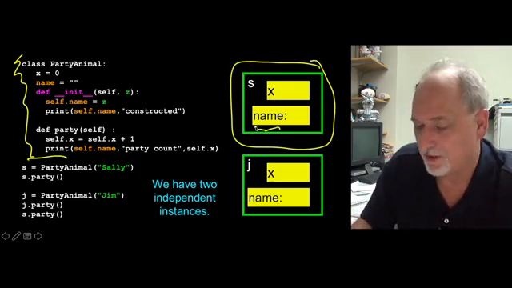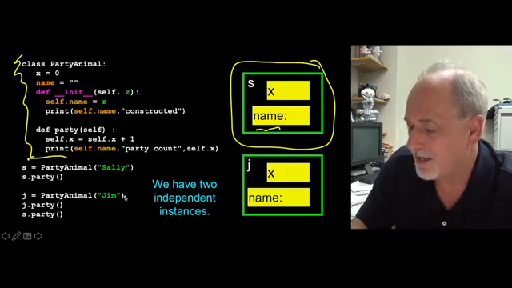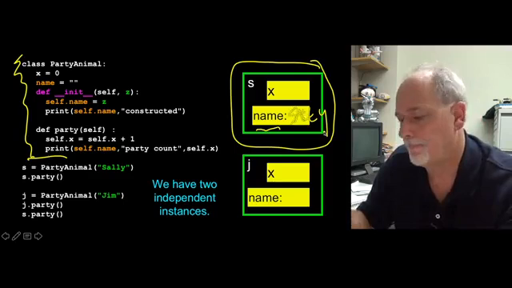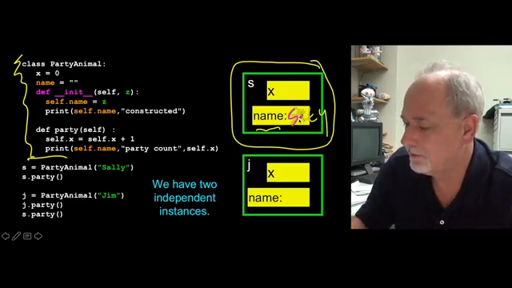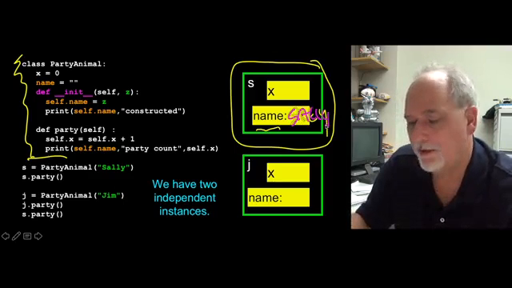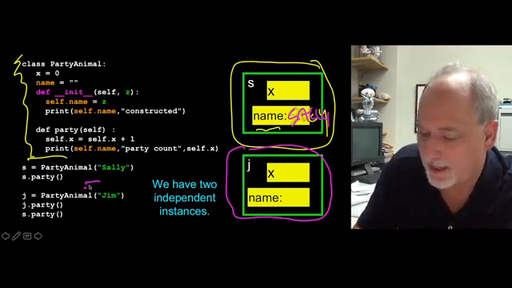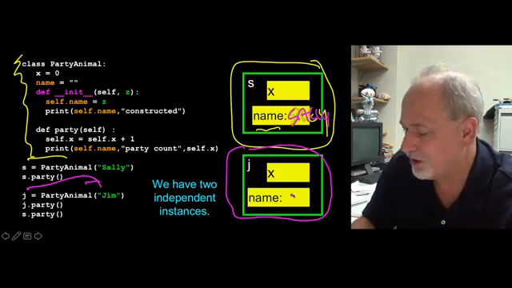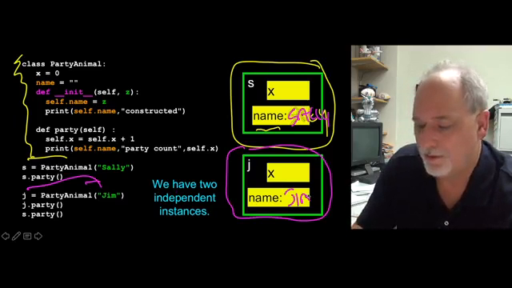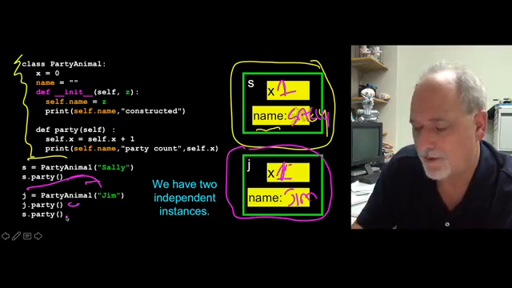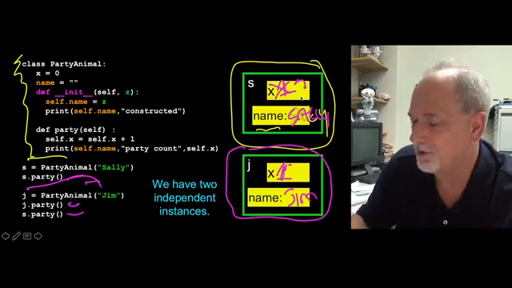And that's going to have a Sally in there. And then we're going to do another constructor, and so it's going to make a whole new thing, and it's going to store that in j, and this one's going to have Jim in it. On s.party, then this turns into a 1, and then we're going to call j.party. That turns that into a 1, and then s.party will cause this to be a 2.